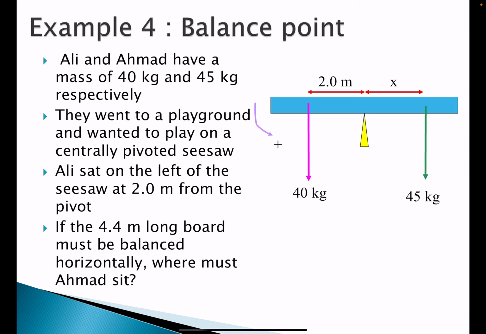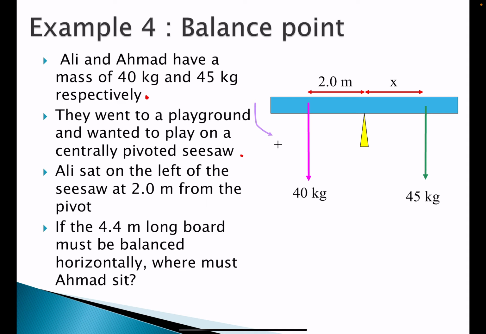And we look at example 4, the balance point. Ali and Ahmad have a mass of 40 kg and 45 kg respectively. Let's say Ali is 40 kg, Ahmad is 45 kg. They went to a playground and wanted to play on a centrally pivoted seesaw.